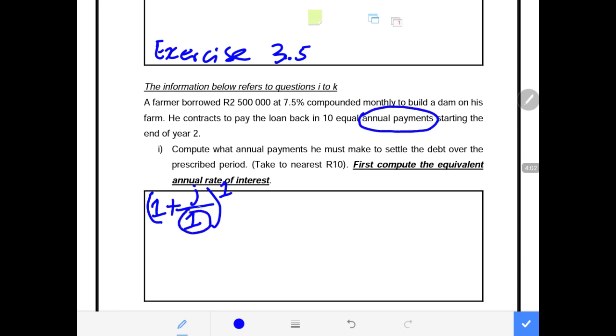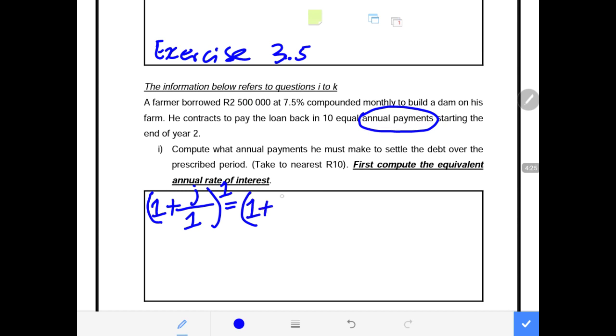So this 1 and this 1 indicate the number of times the rate is compounded in a year, which is once a year, annually. Then we write the information of the given rate. As I said to you, that 1 is always given. It is the standard formula, and I don't want to go into the derivation of the formula.